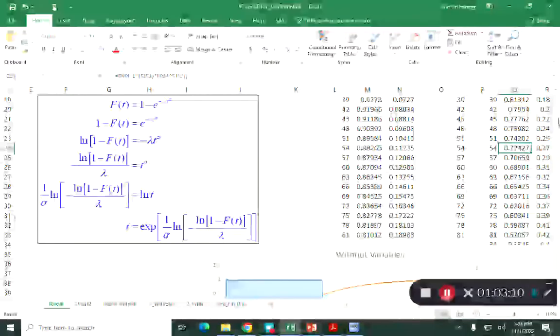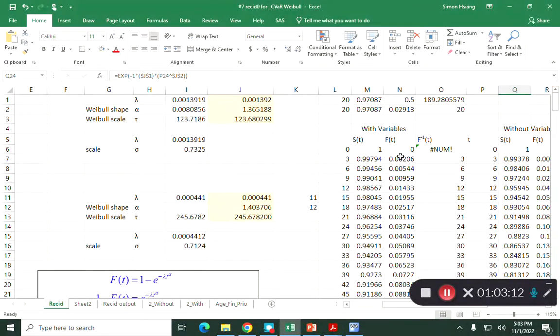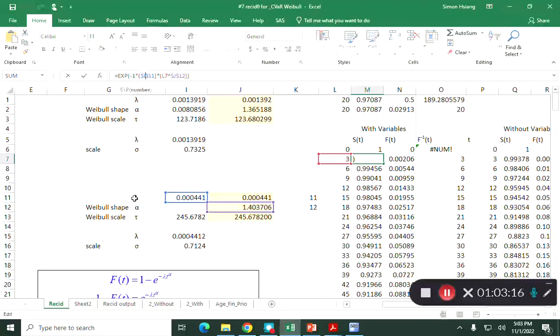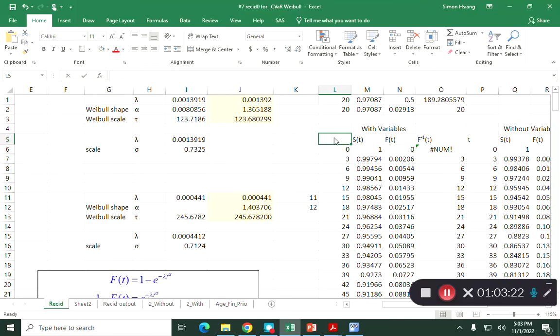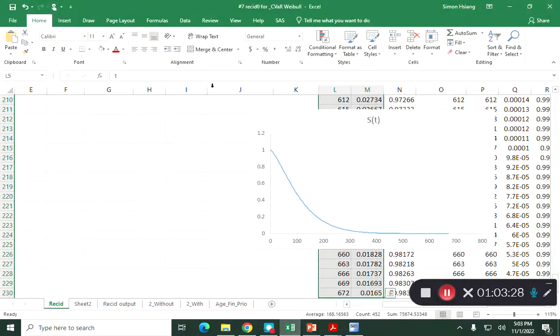And so now let's do that for the parameters for the survival function. So now we're using the ratio from the survival function. So we're doing the same thing here. Here is with that specific set of variables, okay?